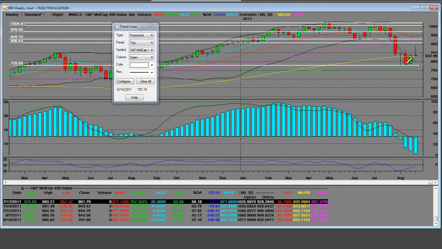Here's that horizontal bottom. But here, let's take a look at this neckline right here. Okay, we shot right up here on this weekly wick. This was the last dog days of August.